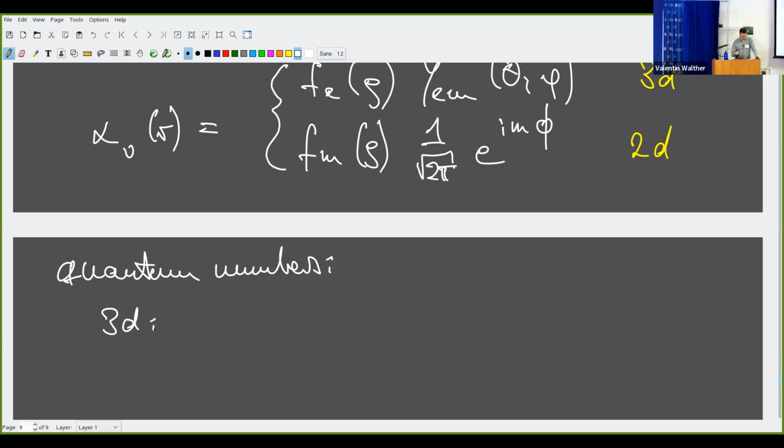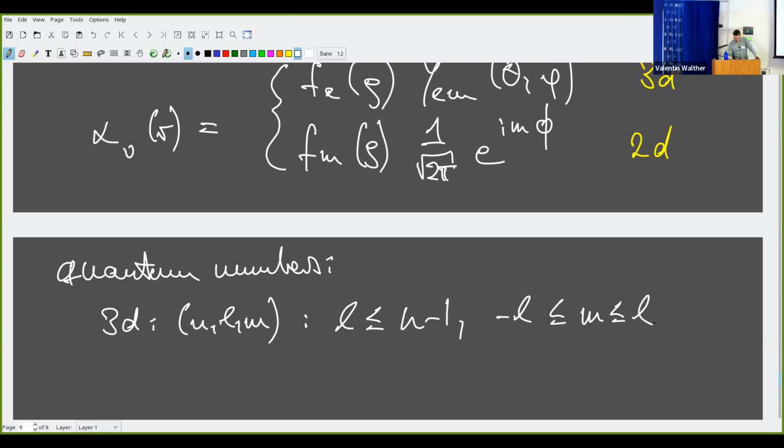In 3D, of course, we have quantum numbers n, l, m, without spin at this point, where l needs to be smaller than n minus 1, and m can be anywhere between minus l and l. In 2D, now you just have two quantum numbers, n and m.